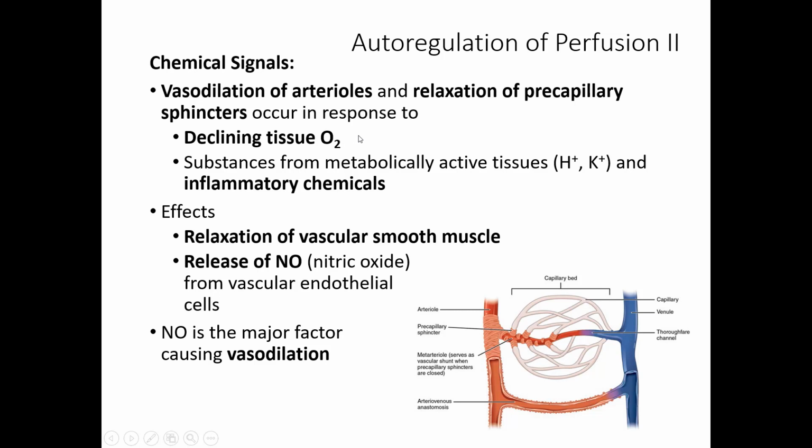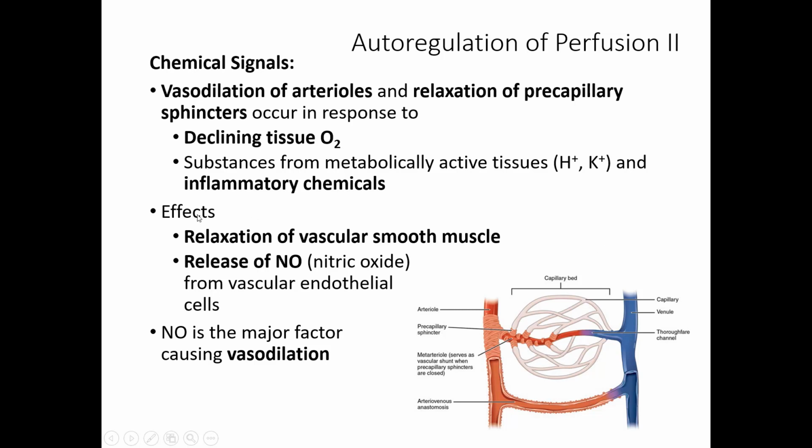Cells are starving without oxygen, they demand more, sphincters relax, blood goes to the tissues. Or in answer to substances from metabolically active tissues. Those would be ions like hydrogen and potassium, and also inflammatory chemicals. When there is inflammation going on in the tissues, they require a lot of blood to bring them white blood cells to kill bacteria causing inflammation.